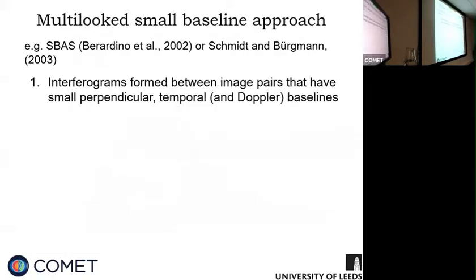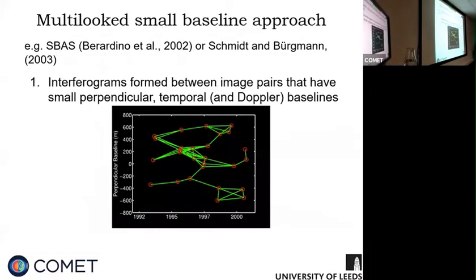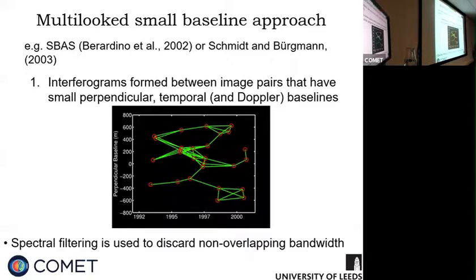So instead of the star-like network we had before, where we had one central image and an interferogram with all of the others, we make a network of interferograms where we only make short hops between images, minimizing our spatial and temporal baselines.